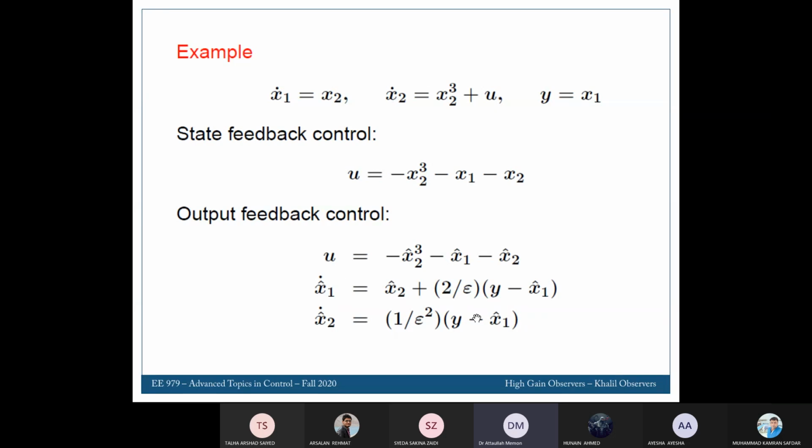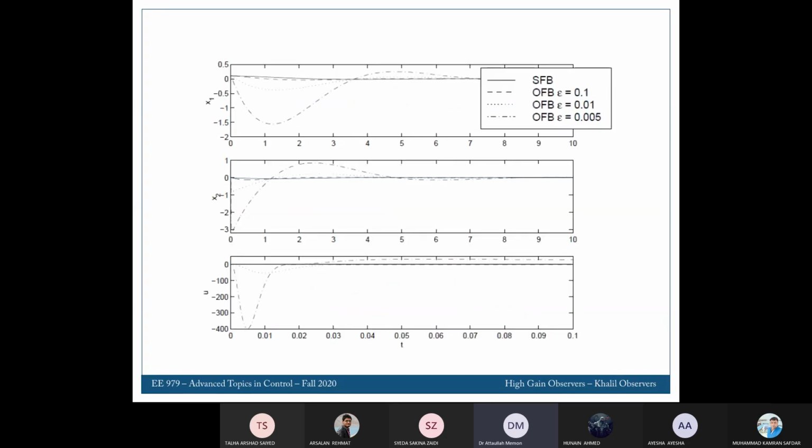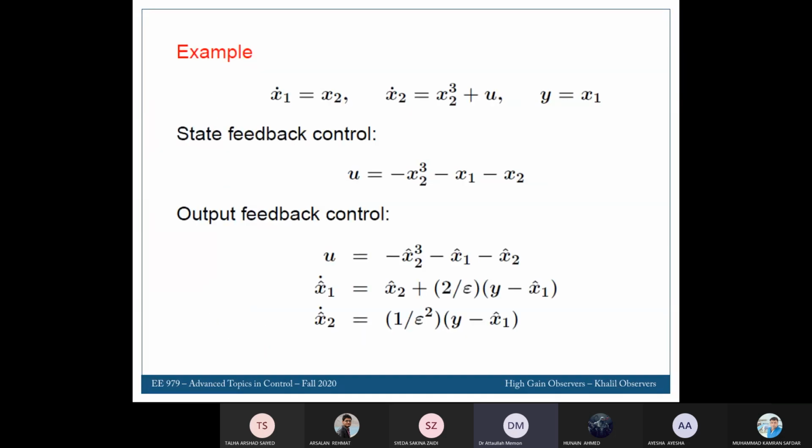And when I implement this one, I actually get very nice results. And these results are shown here in these three plots, x1, x2, and u. In all these cases, the solid line shows the performance of the state feedback control.